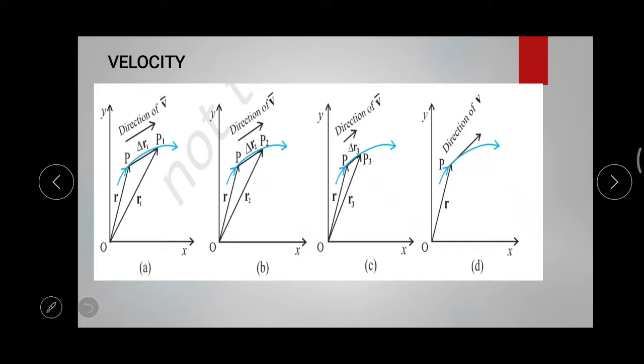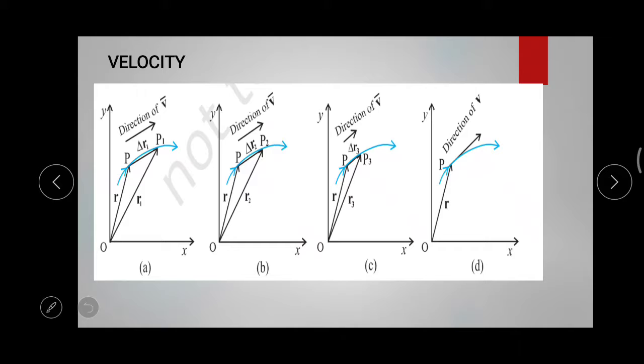In the first graph you can see delta r1, delta r2, delta r3, and in the third one we can say delta r4, but that is 0. For a particular point only we are considering the time interval, it is 0 only.